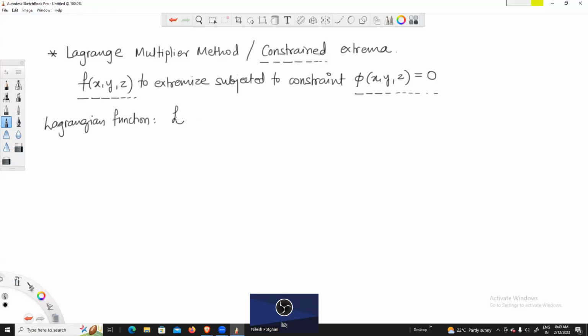This is L, the Lagrangian. This you can define as the original function to extremize, f of x comma y comma z, plus some constant lambda times your constraint phi of x comma y comma z equal to 0 form. This is important. This is your constraint to follow. And this constant which we introduced, lambda, is called the Lagrange multiplier.